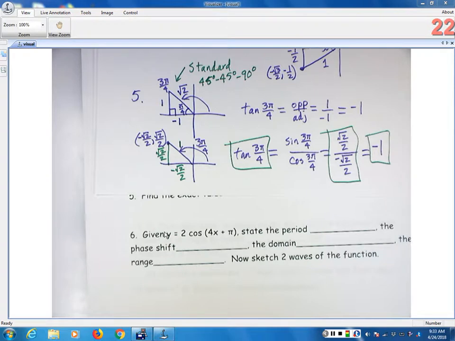So I think the standard is a little easier to work with, if you need to find trig functions, but either way. Any questions? That makes sense? You remembering it now? Yeah. Okay.